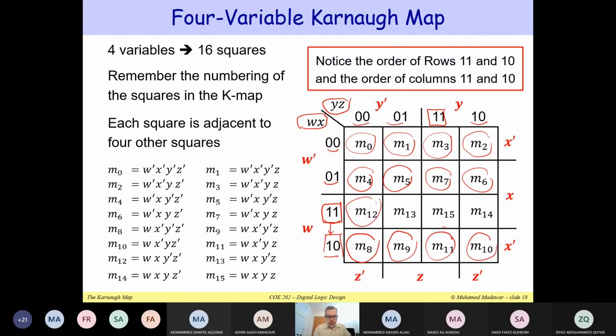Then we have 12, 13, and here we have 15, then 14. So this is basically the locations of these minterms inside the 4 variable Karnaugh map. You have to remember where the locations of these minterms are. Any small mistake means that your problem is gone, so you have to make sure that there are no mistakes.